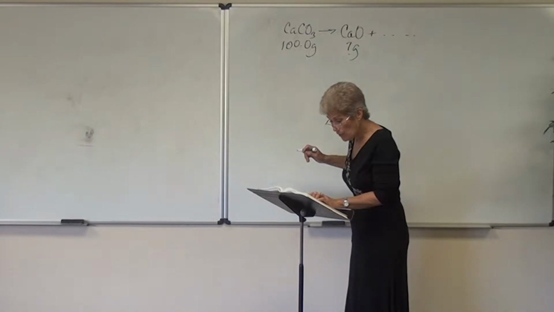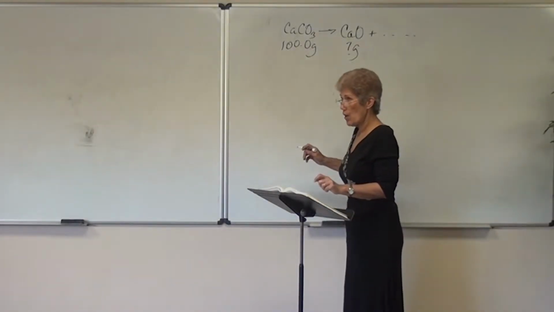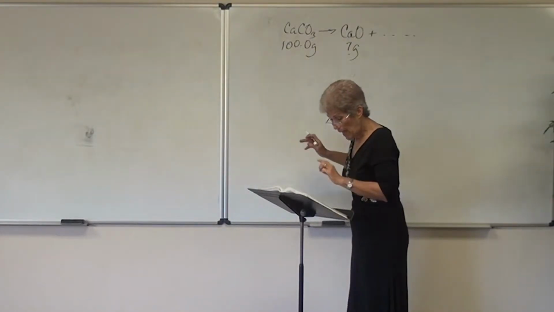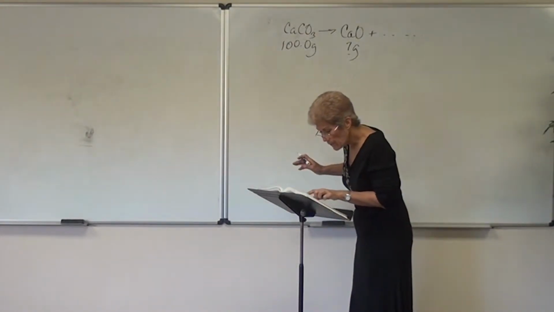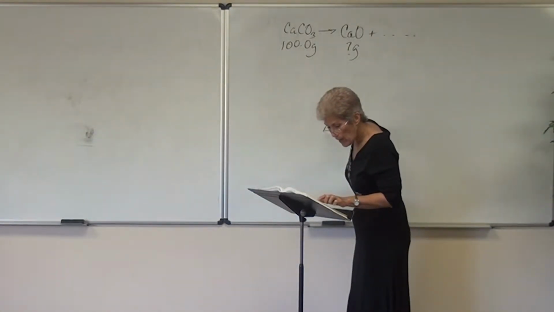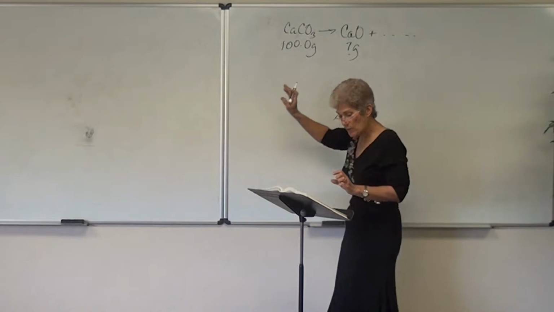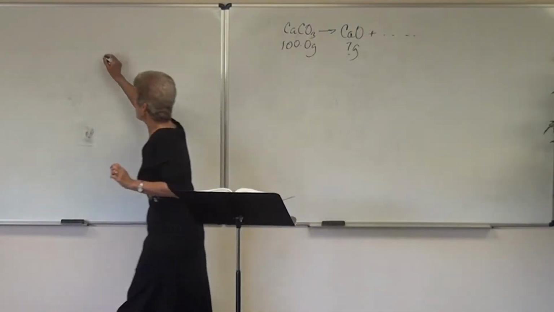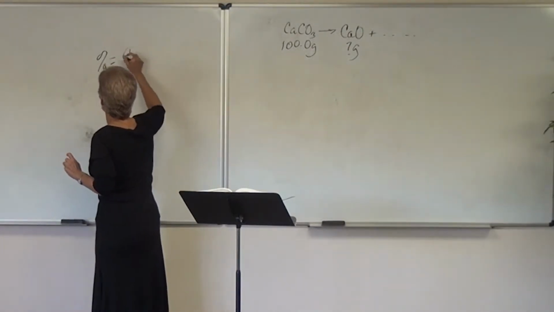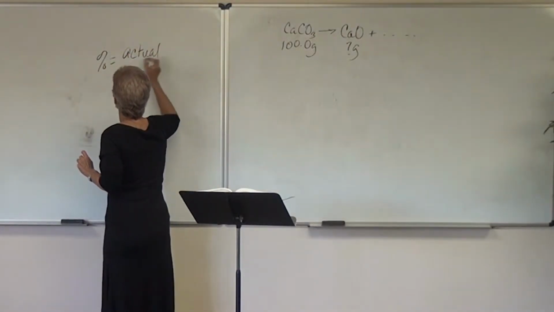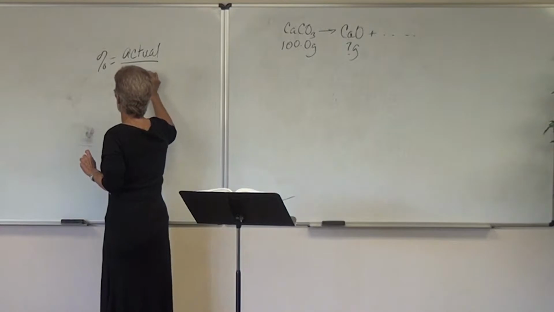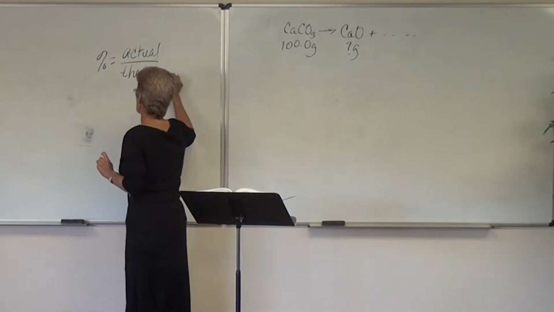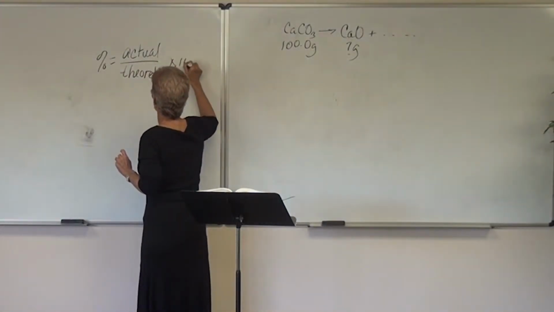And so to figure out the percent yield, we are going to have to know the actual. This will give us the theoretical, and then we can divide the actual by the theoretical. Are you following what I said? To find the percent yield, you have to have the actual divided by the theoretical, times 100.